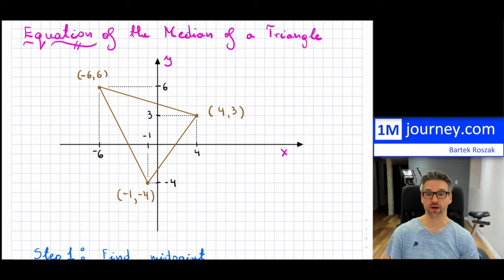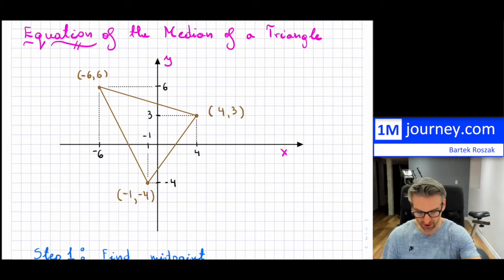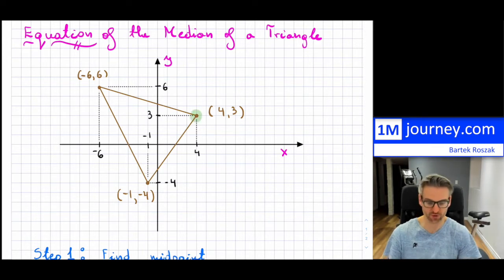You don't have to watch it, but it may help you refresh on some of these points. So here's a triangle, and I'm going to arbitrarily choose which median I want to create. A median is going to span from one particular vertex. So let's say I'm going to take it from this particular vertex. You could have chosen any one.